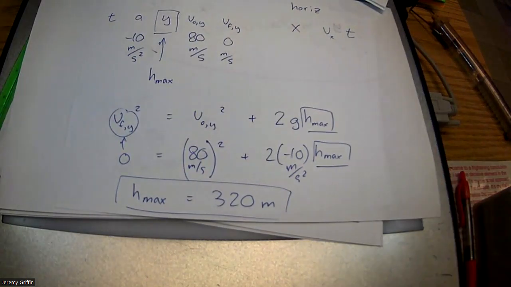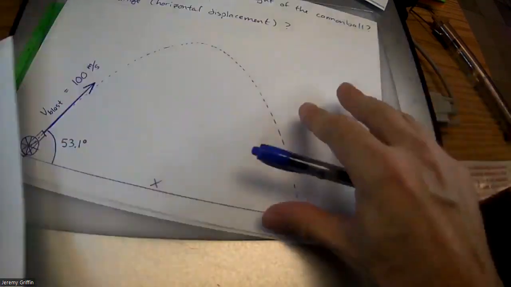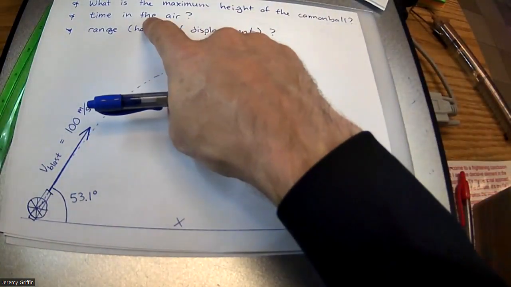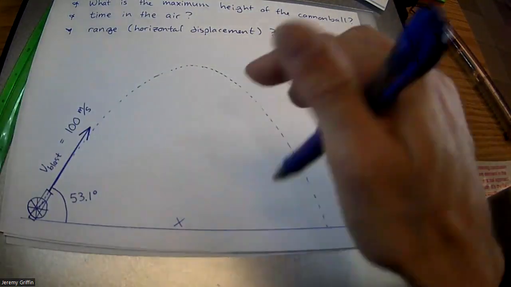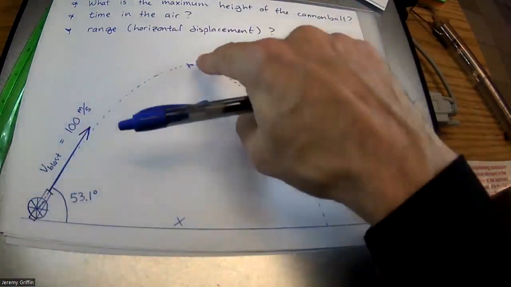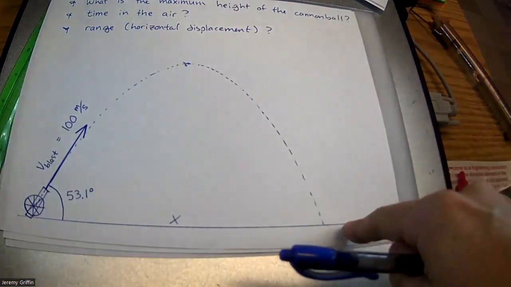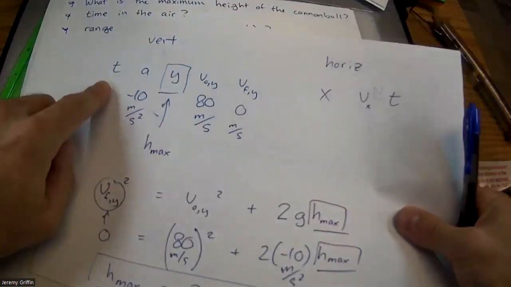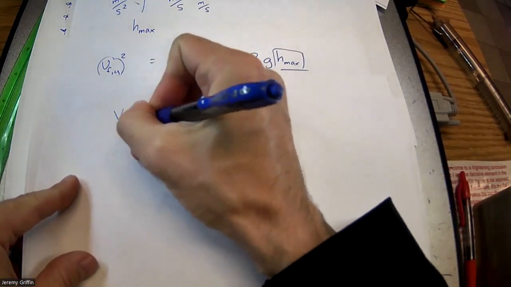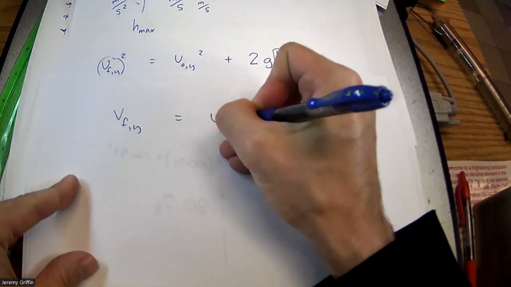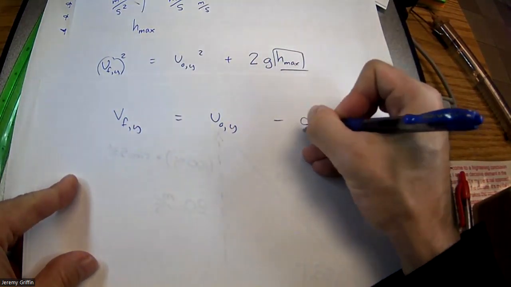All right, so ask a couple other questions. We've got just enough time here for: what's the total time in the air? Since we got from here to here, I bet we could do the time from here to here and then just double the time. Think we can do that? Solve for this t. So I think I could go VFY equals V naught Y minus GT.